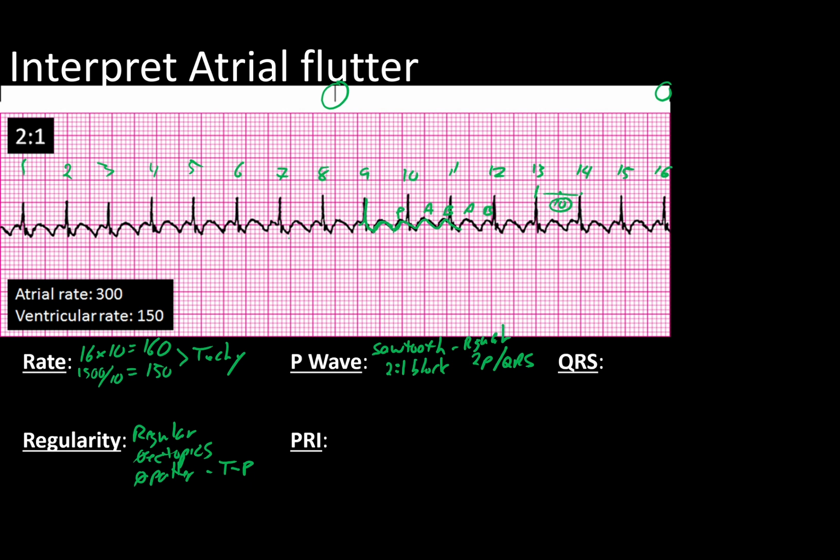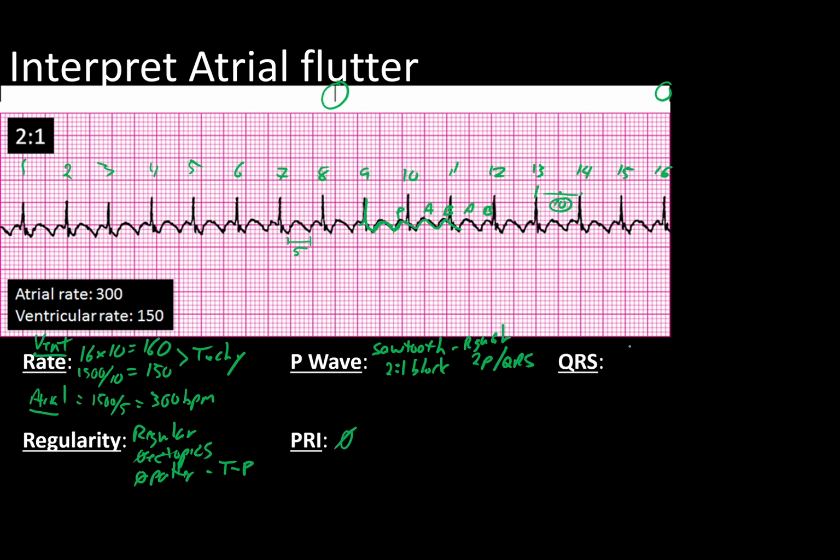Well, from here to here is right about 5. So we'll say that this was vent up here. That atrial equals 300 beats per minute. Okay, so we've got the P waves basically figured out.